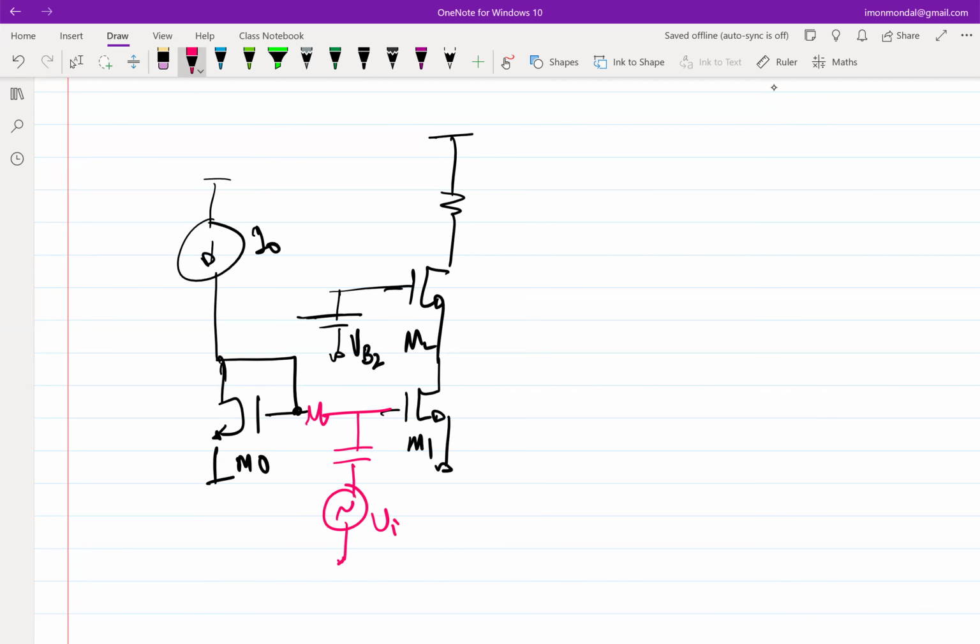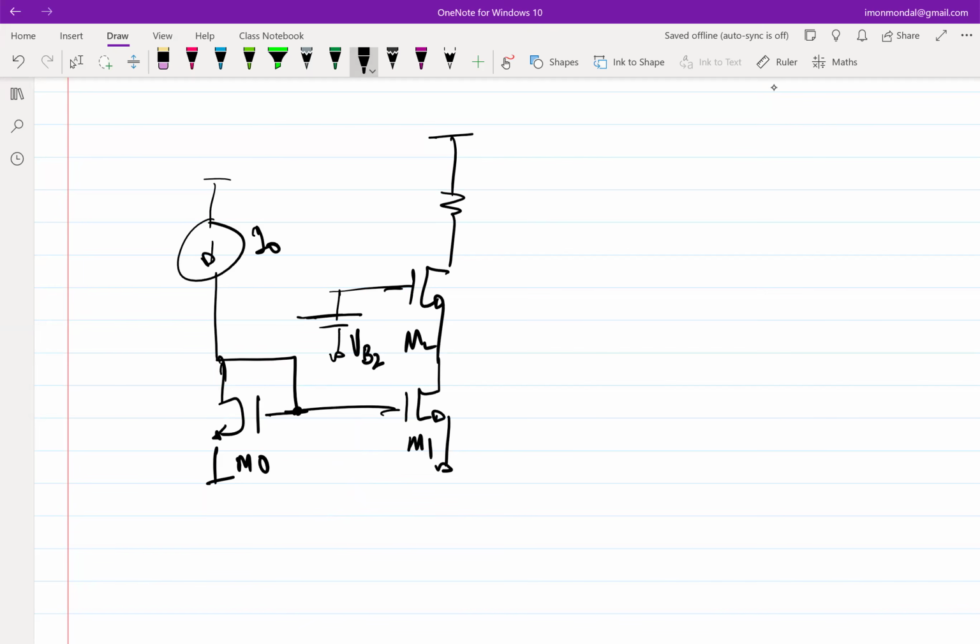Again, you have seen this configuration multiple times. You can choose this value of R and this value of capacitance in such a way that the time constant is large enough, and so on and so forth. So I'll not focus on this part anymore. I assume that you are comfortable with how to couple the inputs.